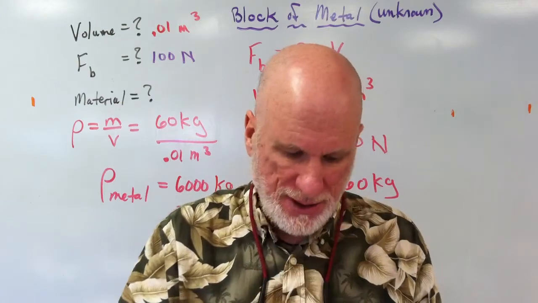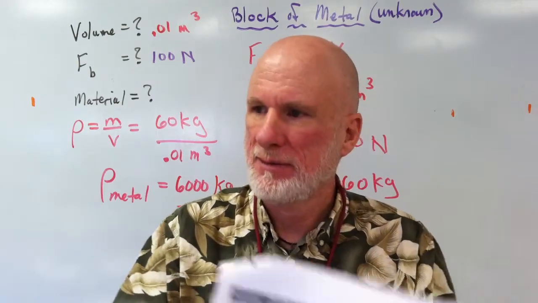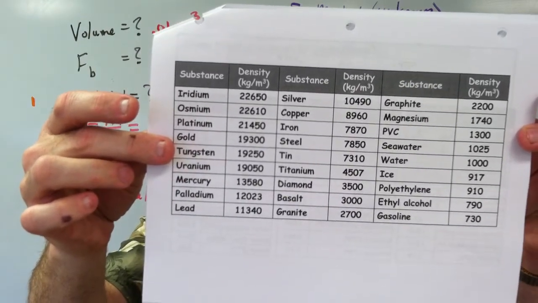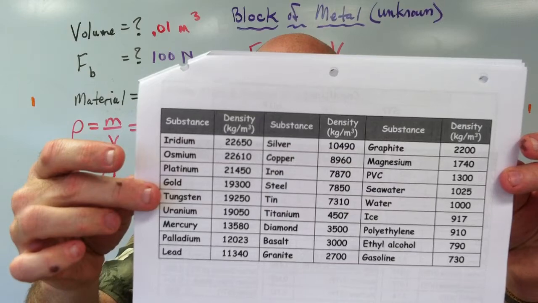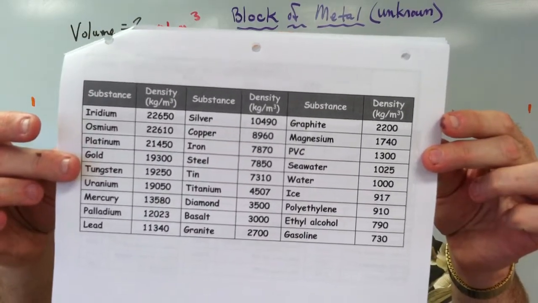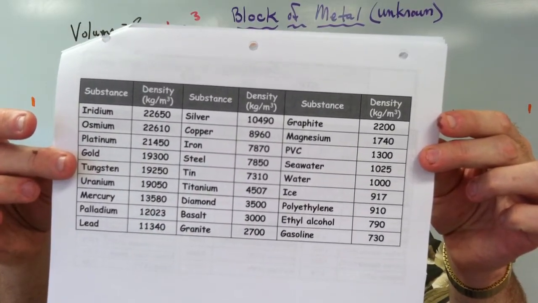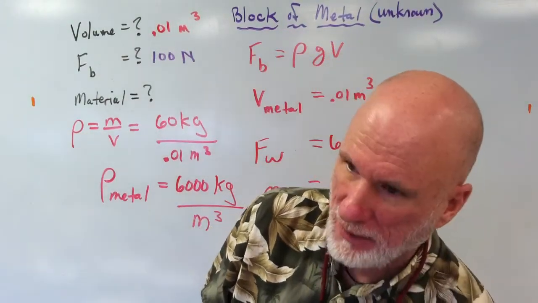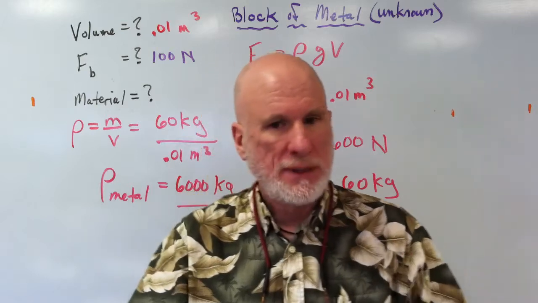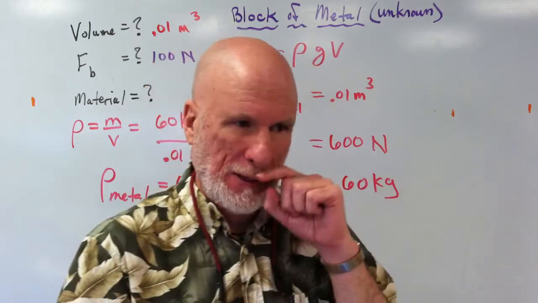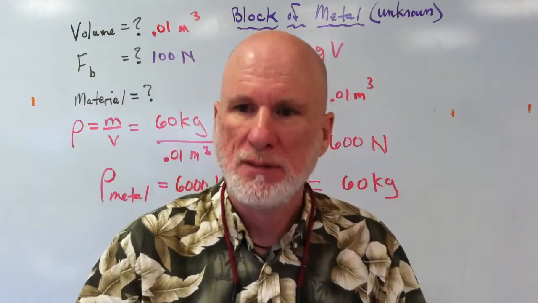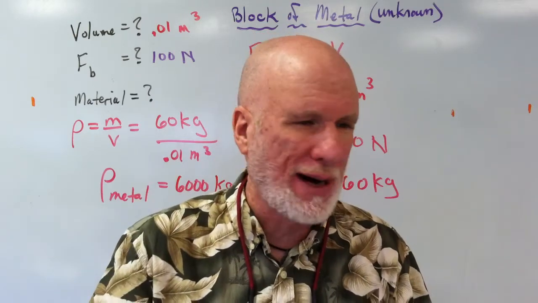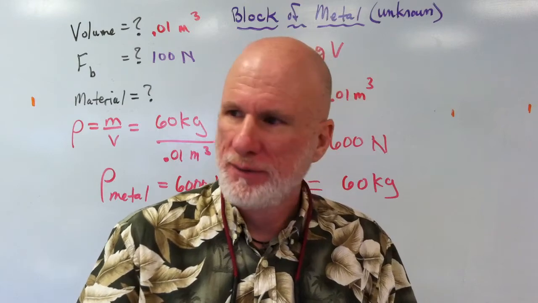But the closest is 10. So you would say, yes, there's error. It could have been error with the scale. We call it systematic error. Maybe the scale's not working correctly. Understood?